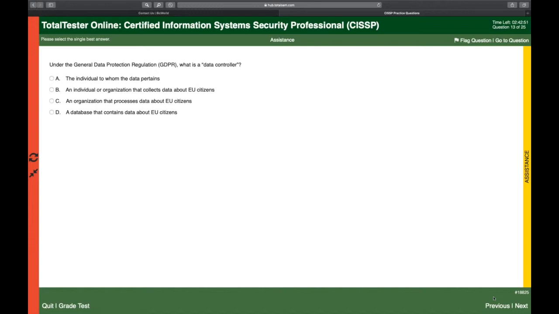Okay, anyone else? I think Charlie. Yeah, I'm a bit torn. What I read is there are two parts of this. One is data controller and data processor.